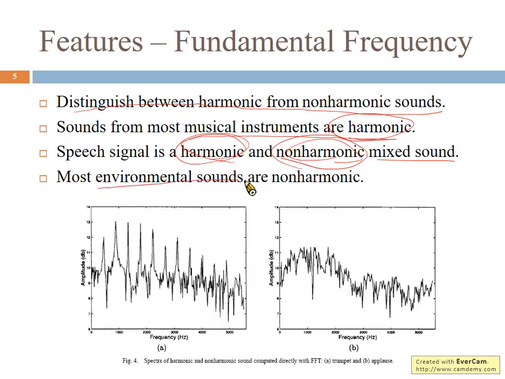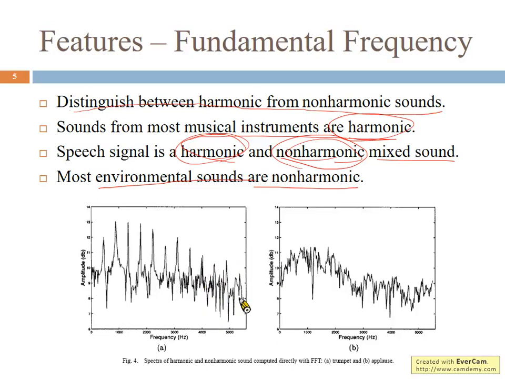Most environmental sounds are non-harmonic. Therefore, they use the fundamental frequency to roughly discriminate harmonic and non-harmonic, and then they can do finer classification if they incorporate more audio features.